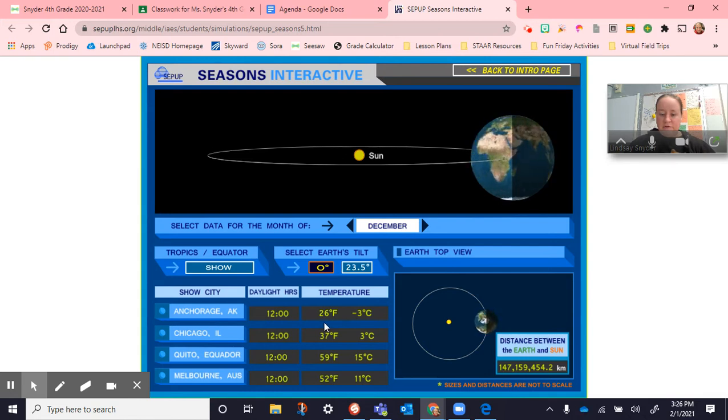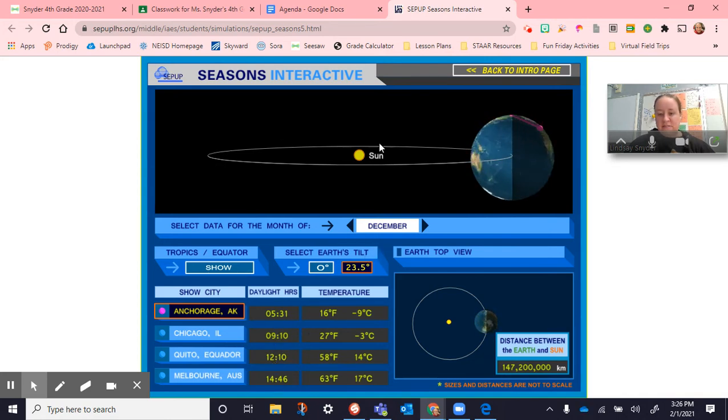And I'm looking for differences. So when I go and look at Anchorage, so here they are in Alaska, the little dot there that's up top. And when the tilt is off, we notice that the daylight hours all are the same. But when the tilt is on, the daylight hours are a lot less.